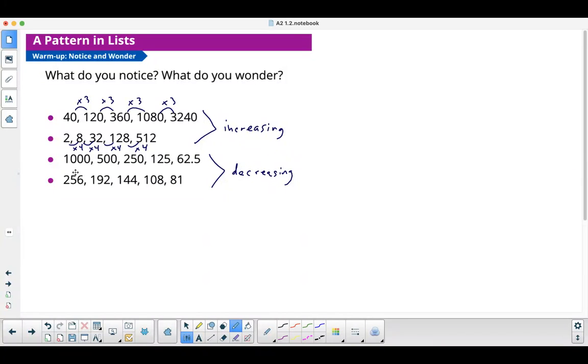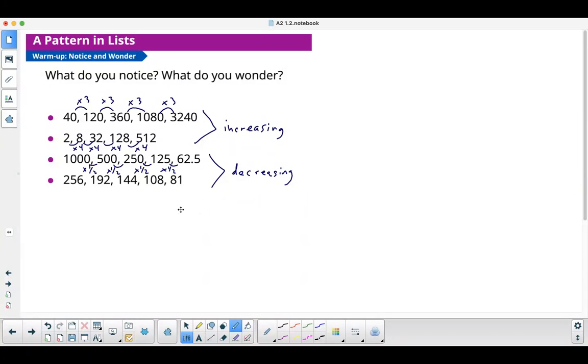Honestly, most kids look at this and say, "Oh, I'm dividing by 2." But in a geometric sequence, you're always going to be multiplying by a value. So instead of saying divided by 2, we're going to say we're multiplying by 1/2. So these are all going to be times 1/2, and that's the same as dividing by 2.